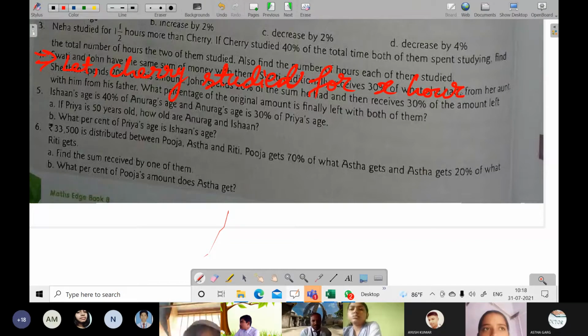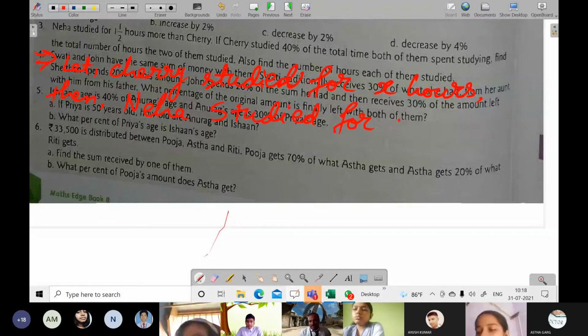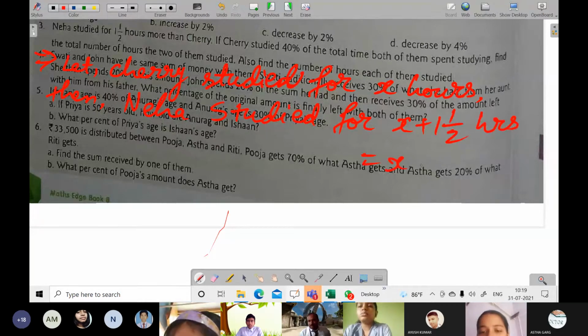Then Neha studied for x plus 1 by 2 hour, that is equal to x plus 3 by 2 hours.